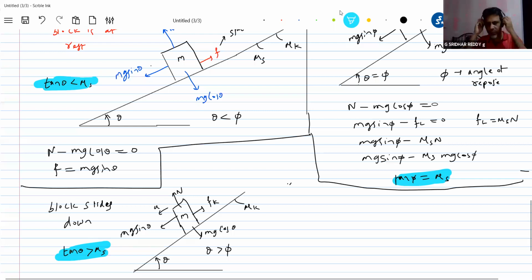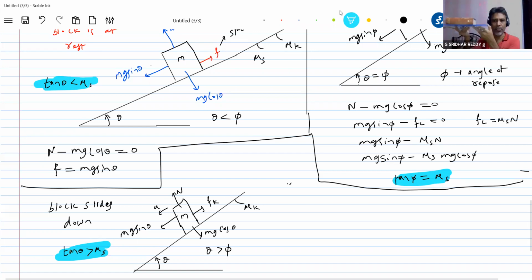Very simple things. All of you are seeing this. So this is the block, and this is the inclined plane. The blue color is the inclined plane. Okay, got it now?